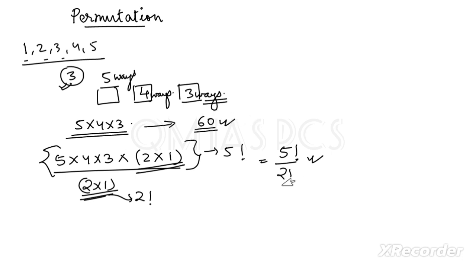So from this, the formula for permutation will be nPr. This means permutation of n different things taking r at a time, like permutation of 5 digits taking 3 at a time.